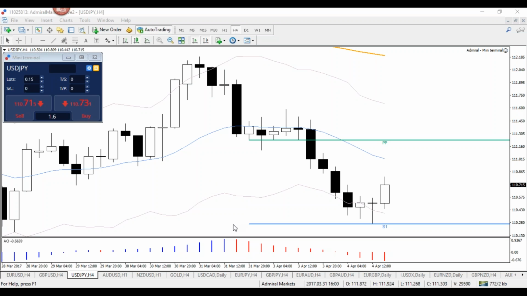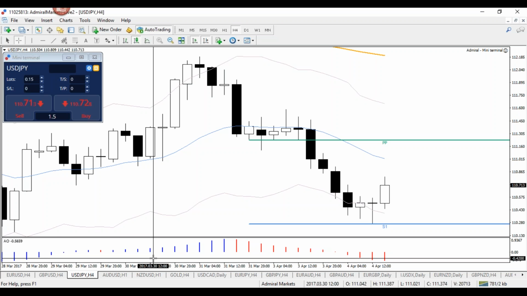But the awesome oscillator, very similar to the MACD in many ways. I have a bit of a preference for this one because of the Elliott wave theory that I use the awesome oscillator for as well.